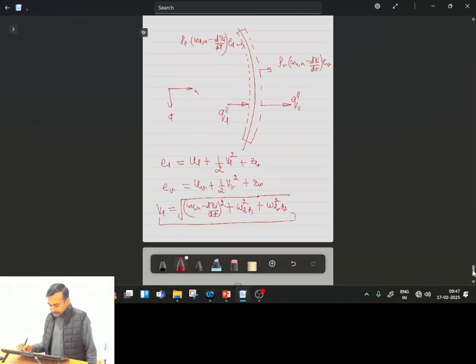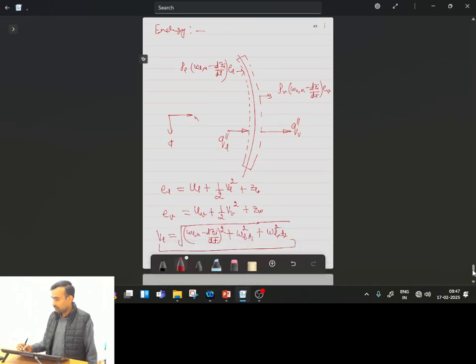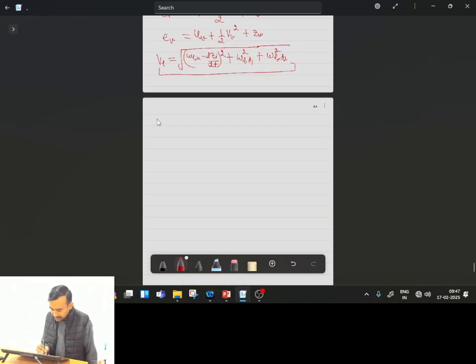Now I can write this energy balance. So what will be the energy balance? Q double dash L minus Q double dash V has to be equal to rho L into WLN minus dzi by dt into EL.